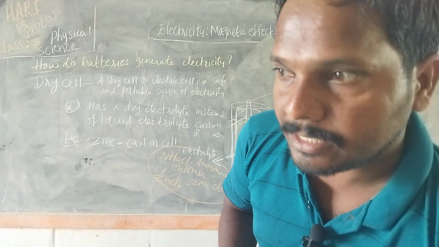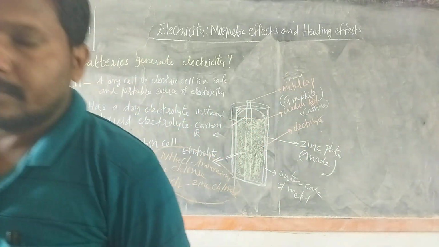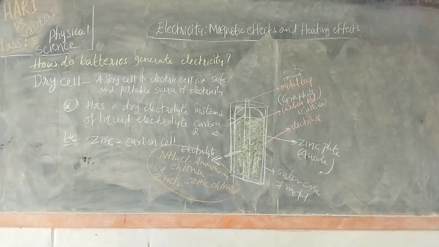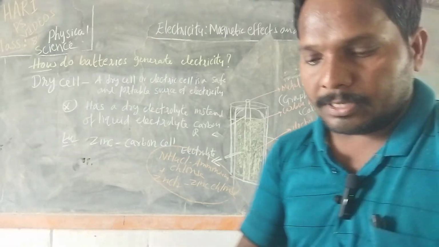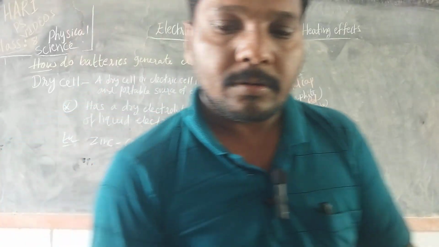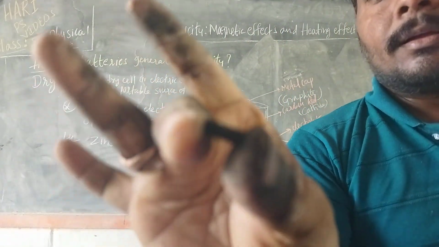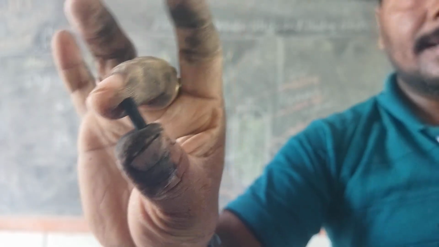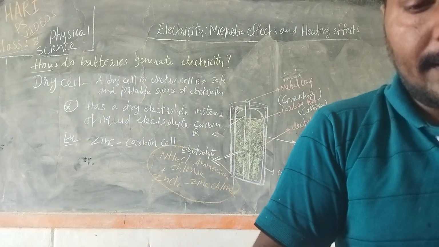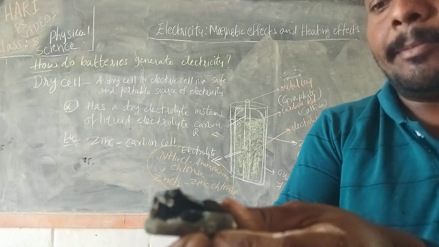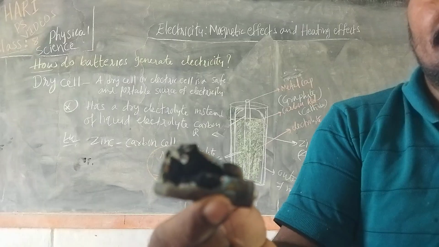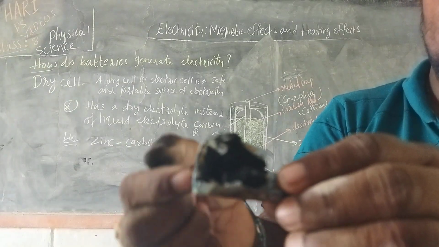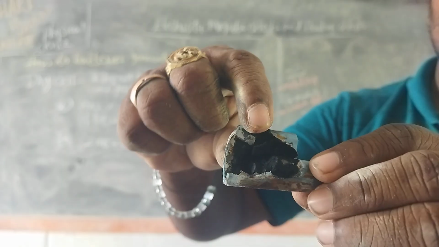So just wait. Right, let's see the dry cell. Here I break down the dry cell and I will show you each part. A small carbon rod is present in here, and you observe that a black substance is present, that is the moist mixture, and an outer coating is also there.